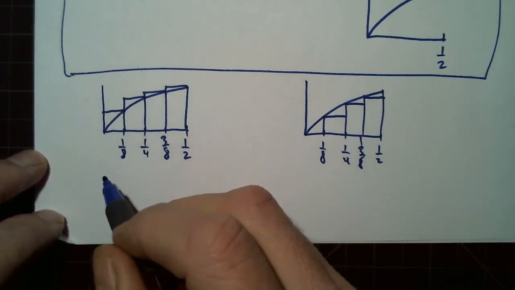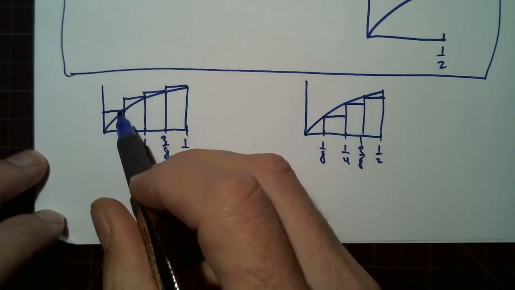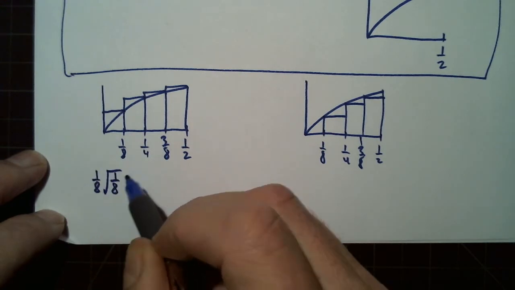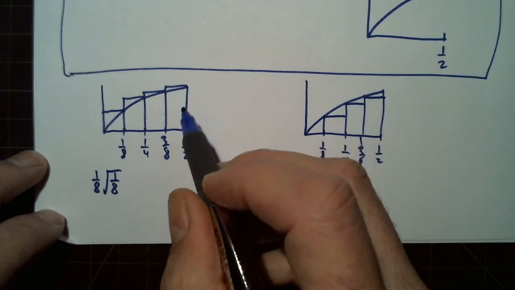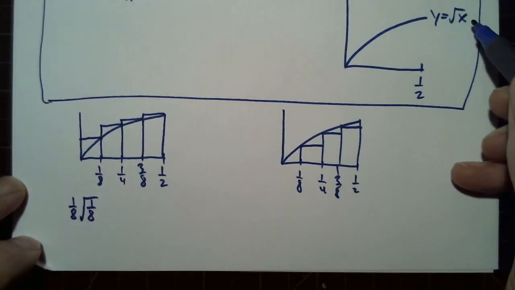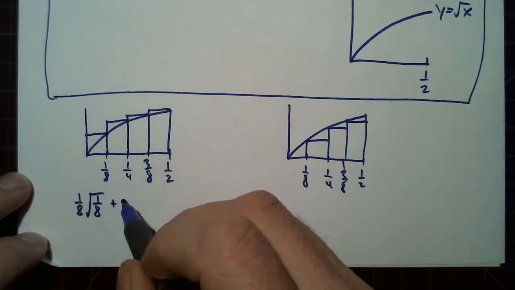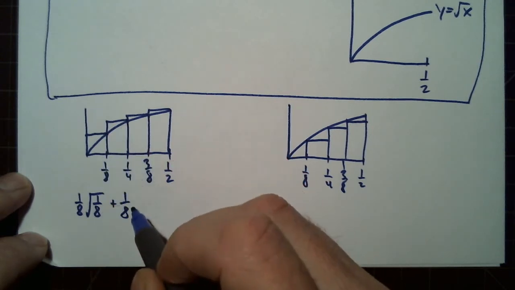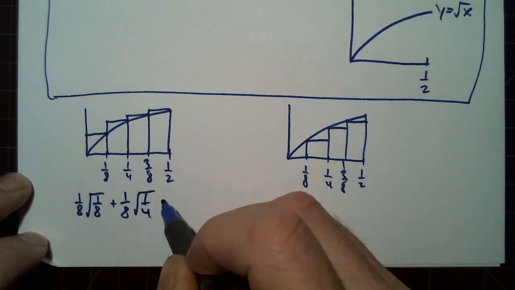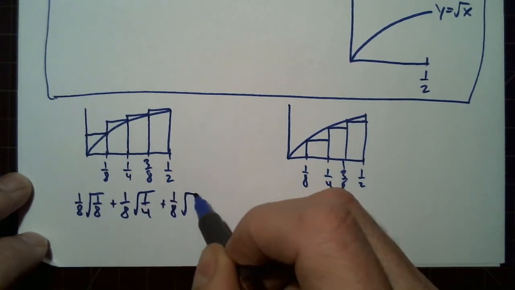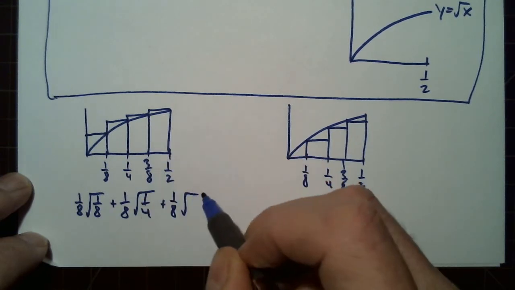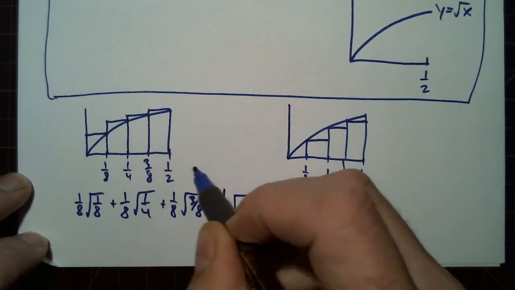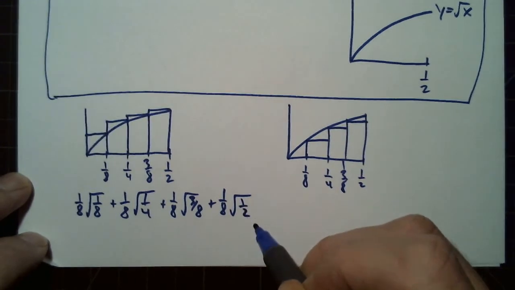So the upper sum is going to be base times height, base times the height. The height is the y value of the function, and the function is radical x. And then we'll have base times the height here is at 1/4. Base times the height of this is at 3/8. And the height is at 1/2.